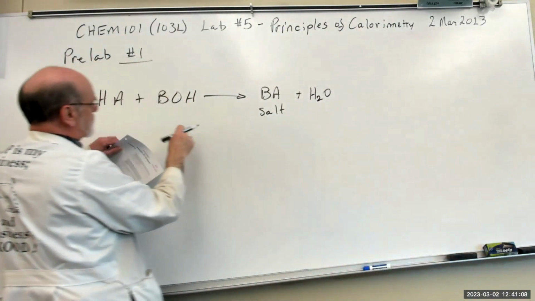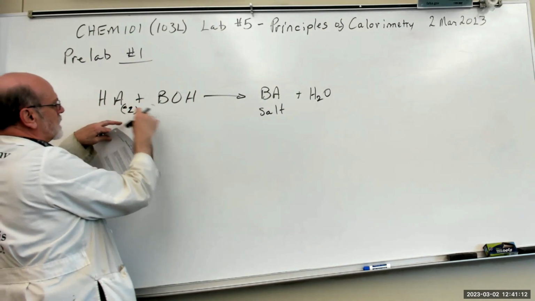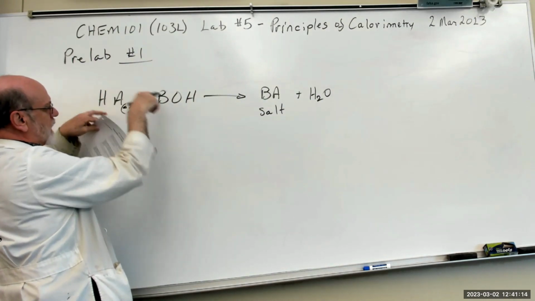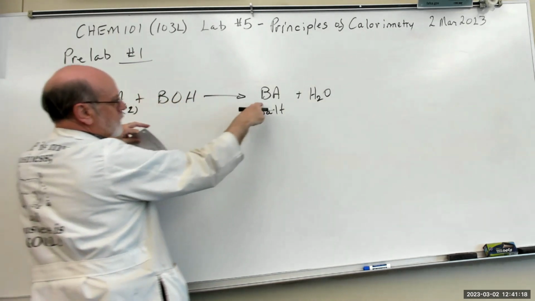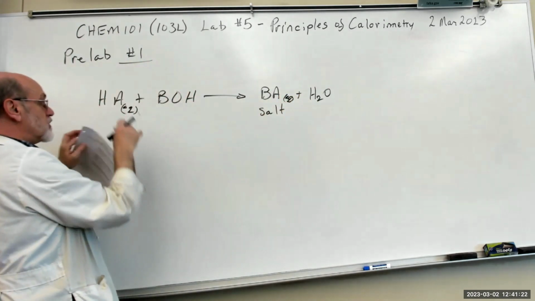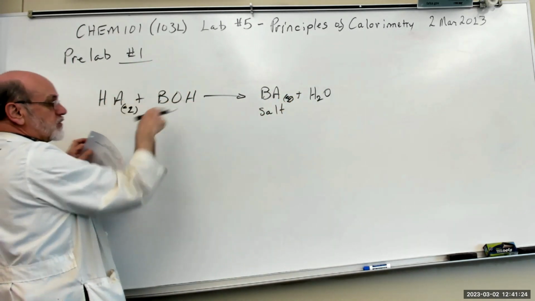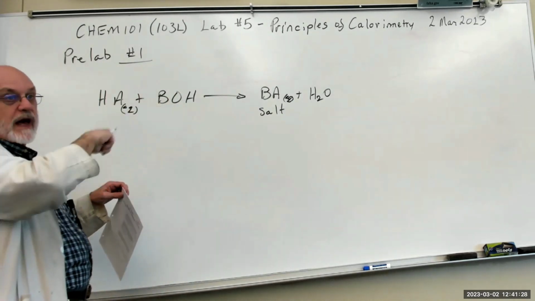So in solution, these are all aqueous solutions. You've got these floating around and these floating around. They're still floating around over here because this is still in solution. So you can remove those as spectators, since they're the same on both sides.